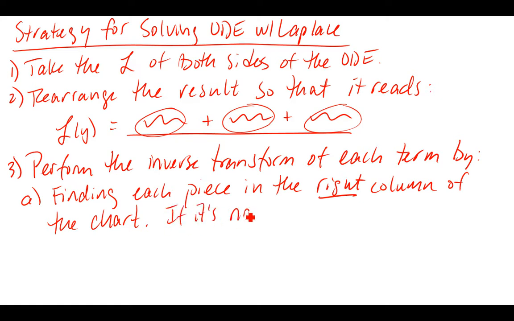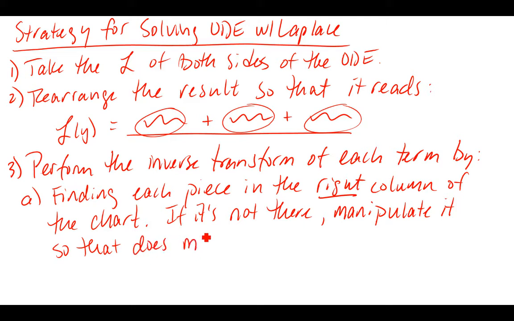If it's not there, use algebra, manipulate it so that it does match. This is going to be the annoying part: when you end up with stuff that doesn't automatically translate, you have to do a little bit of creative algebra to make it turn into things that are in the chart.